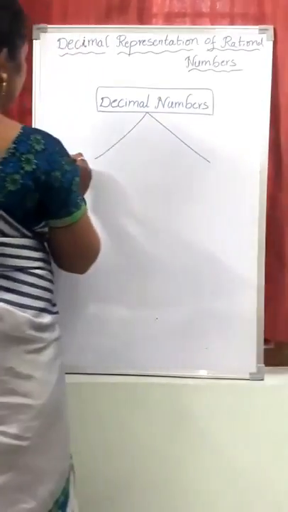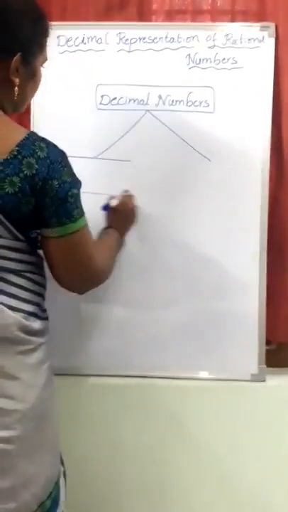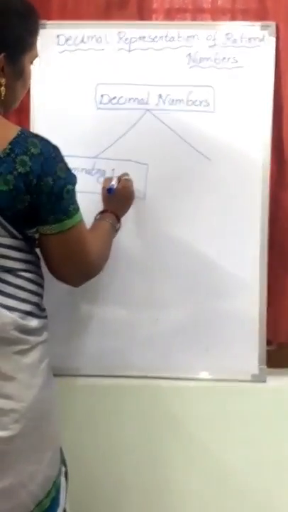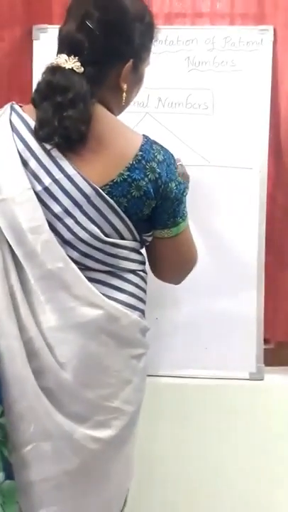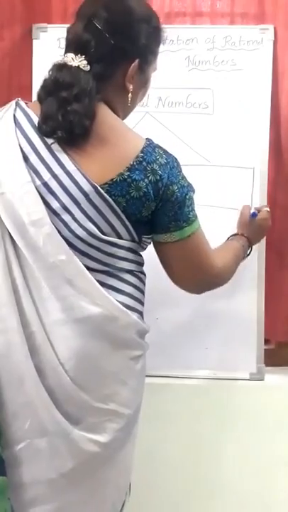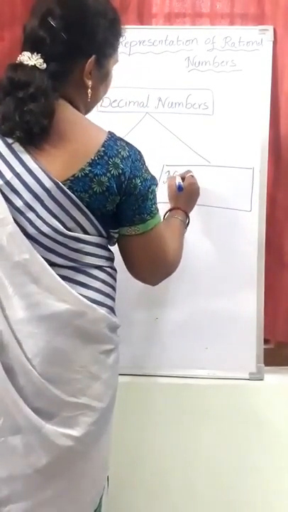The first one is terminating decimals, and the second one is non-terminating decimals.